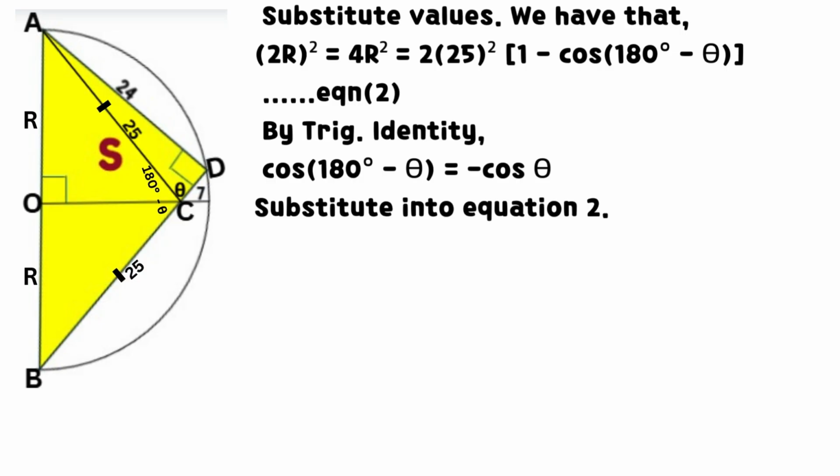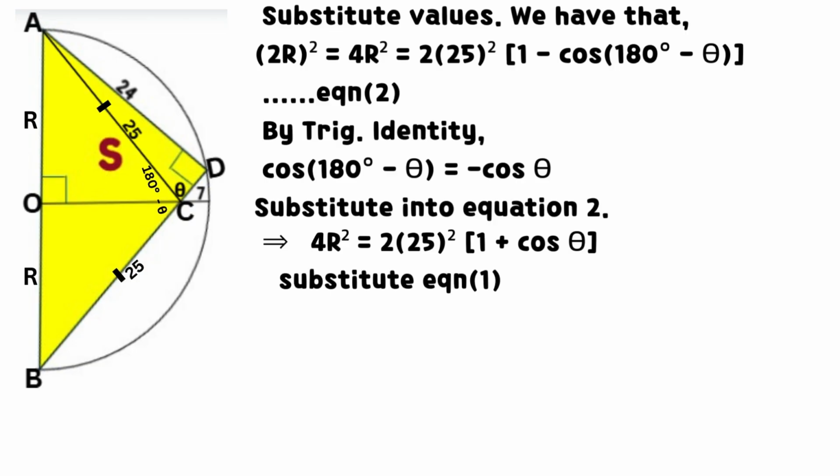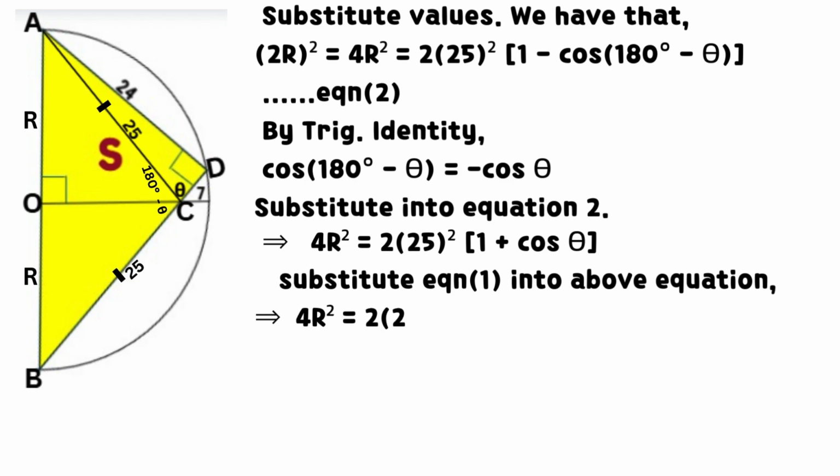By trigonometric identity, cosine of 180 degrees minus theta equals negative cosine theta. Substitute into equation 2. This implies that 4 multiplied by the square of r equals 2 times the square of 25 multiplied by 1 plus cosine theta.